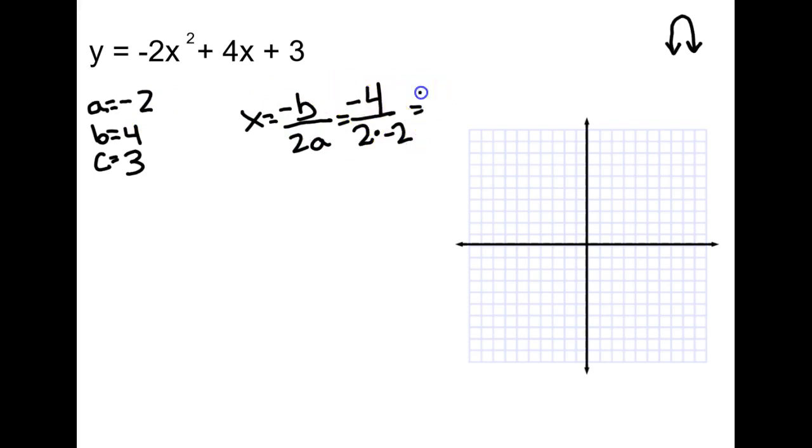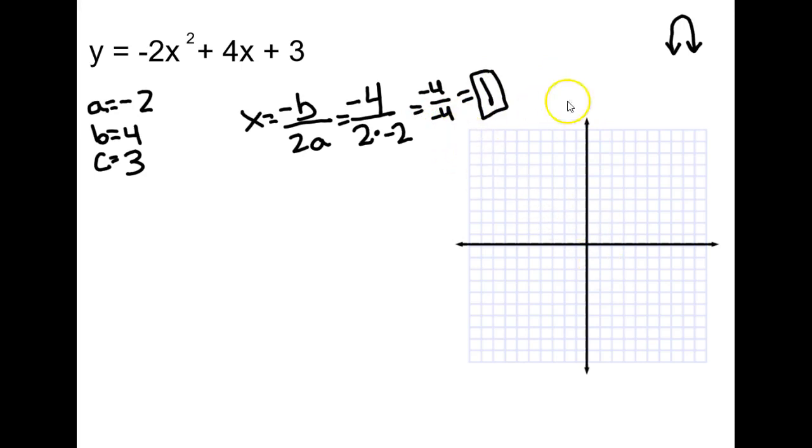We'll just simplify this. On the bottom we have 2 times negative 2, which is negative 4. A negative divided by a negative is a positive. And 4 divided by 4 is 1. So we know our axis of symmetry is going to be at x equals 1.